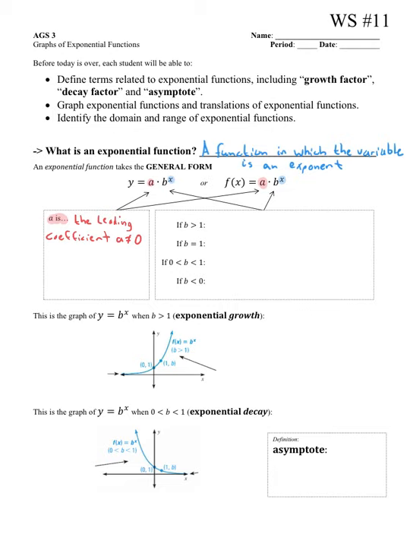And actually the sign of a is important as well. So the sign, whether it's positive or negative, affects which side of the x-axis the graph occupies.